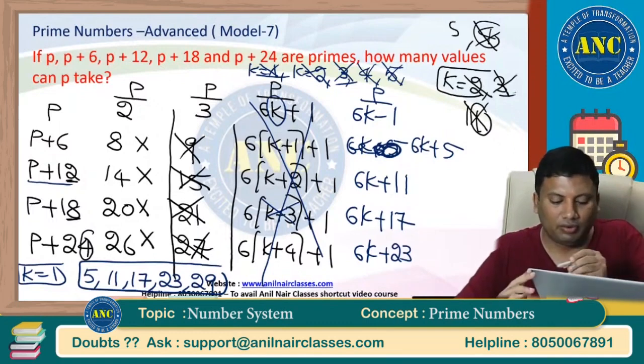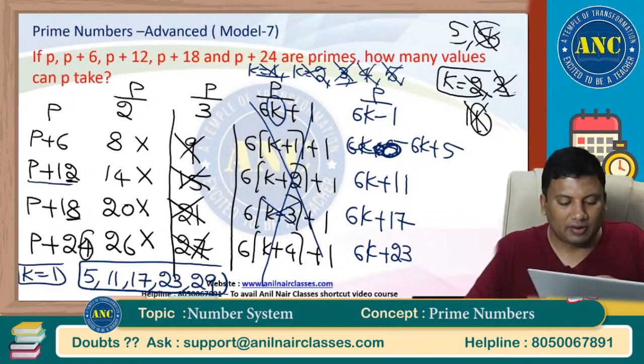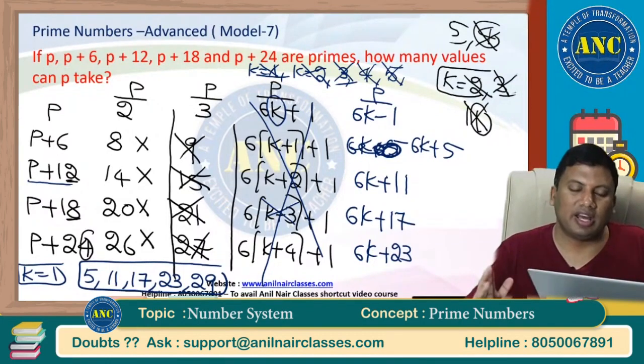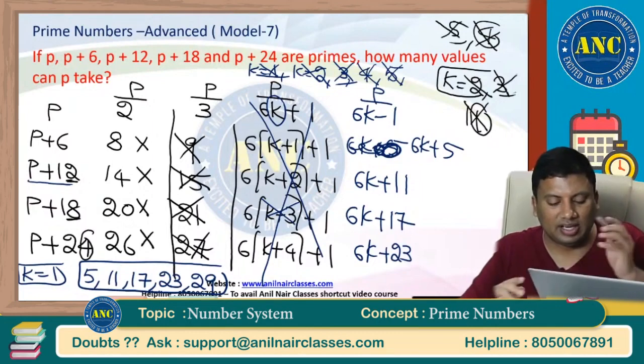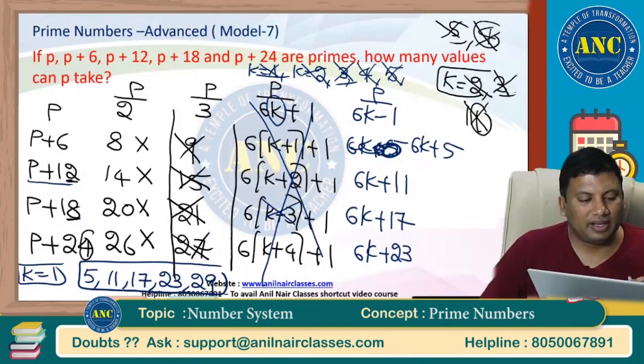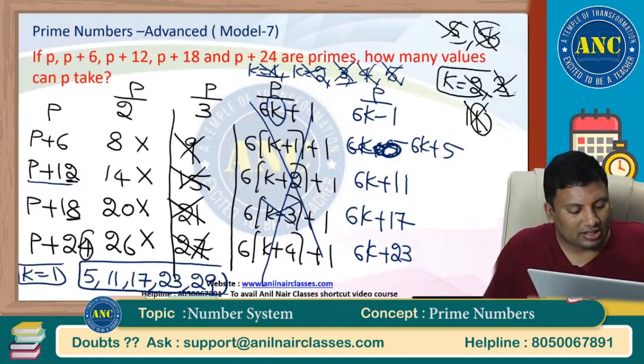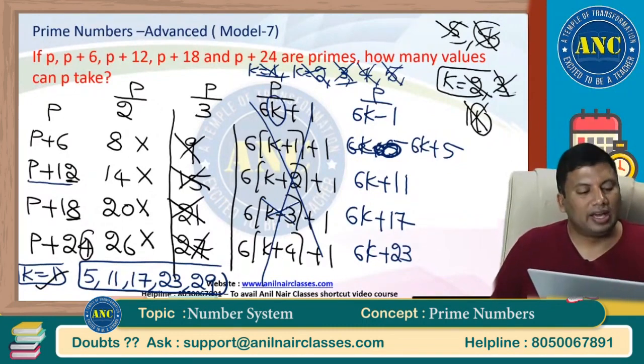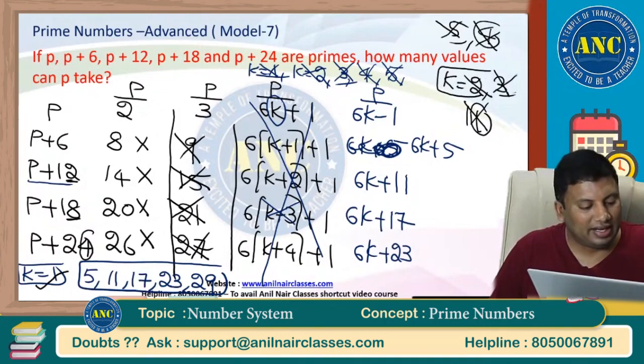If k equal to 5, 6 into 5 is 30. 30 minus 1 is 29. 29 plus 6, 9 plus 6, is divisible by 5. I hope the idea is clear, right? So the answer is only one value, k equal to 1. I hope the idea is clear.